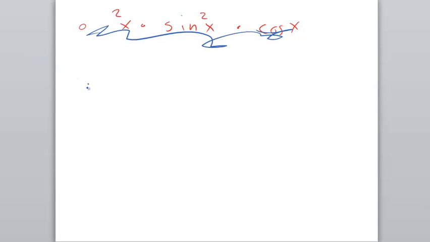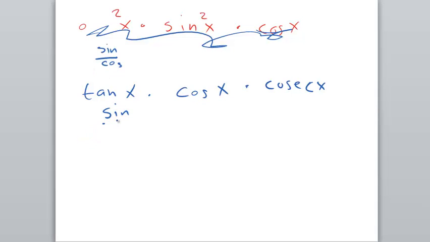Okay, so let's say tangent x times cosine x times cosec x, right? So let's start. Tangent x is actually equal to, you remember, sine over cosine. This is another identity. Sine x over cosine x times cos x times cosec x.